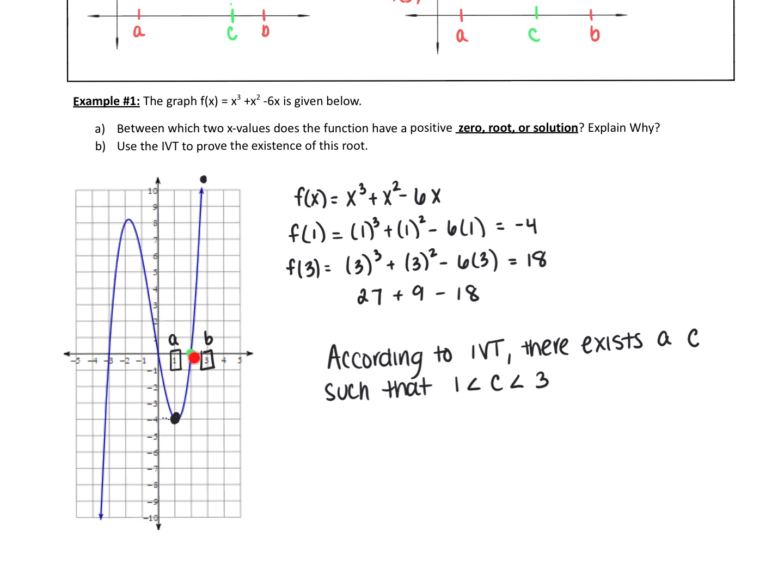We know this C value exists between 1 and 3. We don't know it's 2. I mean, obviously we do from the graph, but if the graph wasn't here, we wouldn't know that it's 2. So it's between 1 and 3, such that f of A is less than f of C, which is less than f of B.